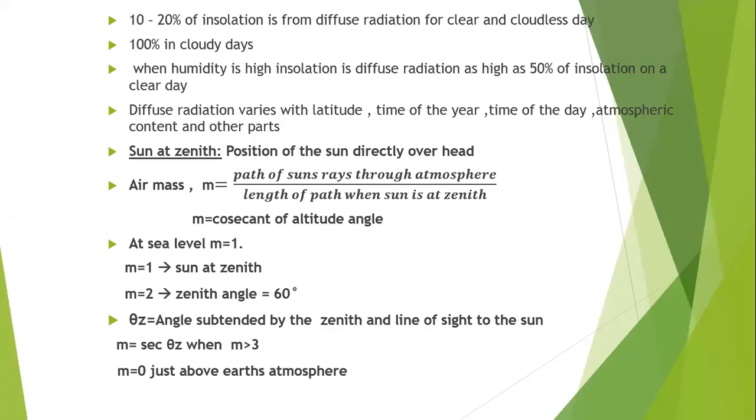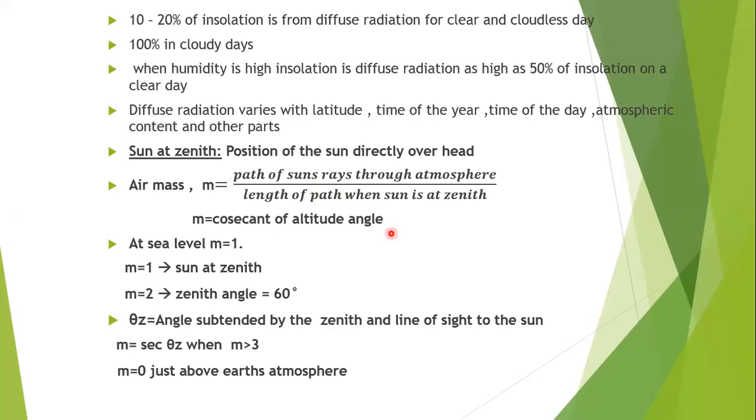Okay. So from this we get the definition of m: m is equal to the path of sun rays through the atmosphere divided by the length of the path when the sun is at zenith.